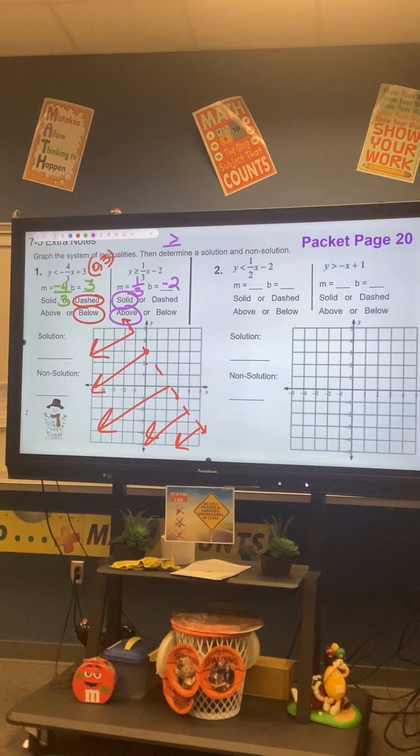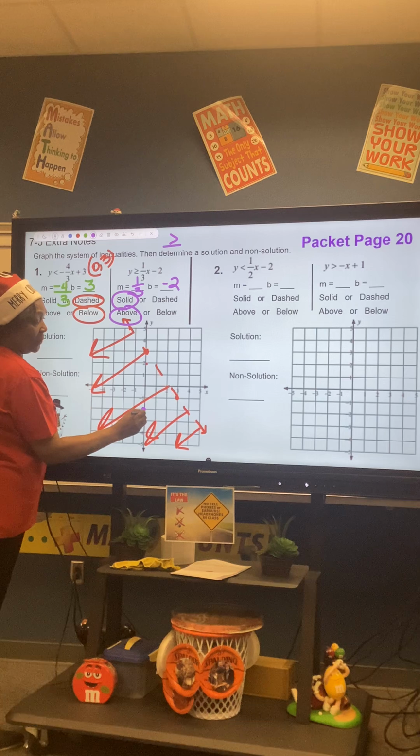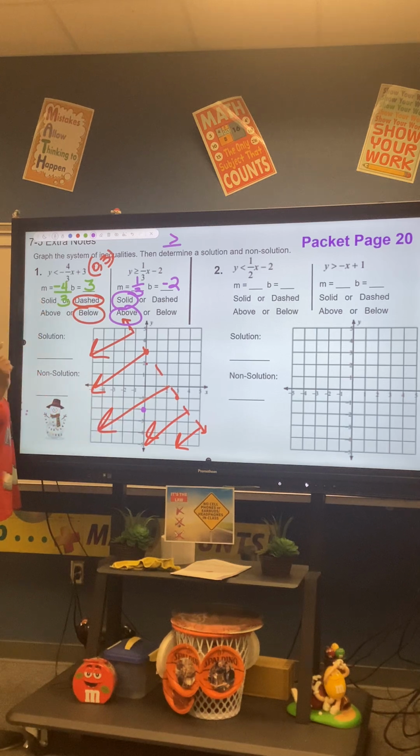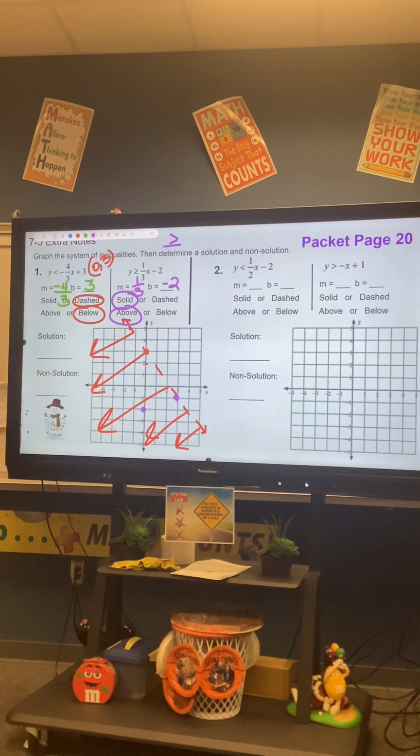Let me know if you need a color pencil because they work. Okay? So go down to a negative 2. From that negative 2, you're going to go up 1 because 1 is positive, and you're going to go 1, 2, 3 to the right. Everybody with me? You have to be able to graph a line.